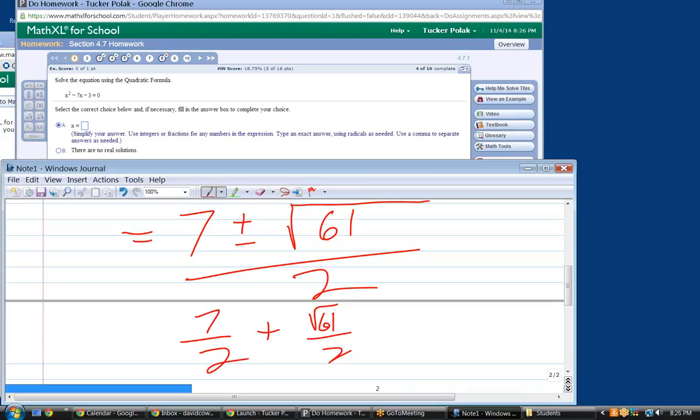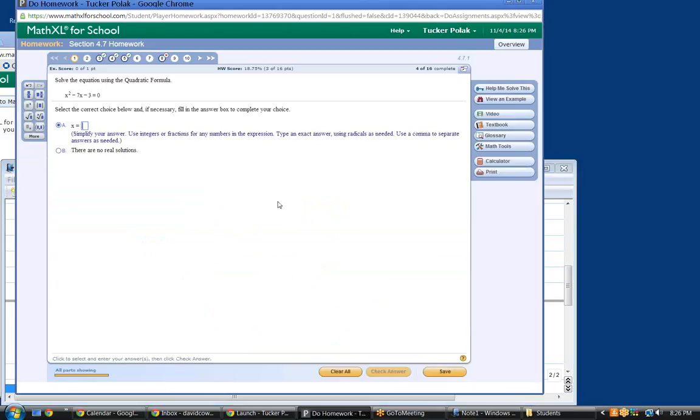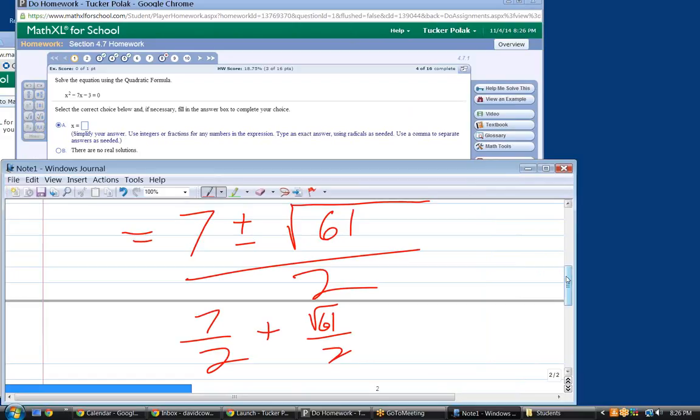Let's see if it likes that answer. Use integers or fractions for any numbers in the expression. Use a comma to separate answers. So I don't need parentheses, right? Right. So the first answer is 7 halves plus root 61 divided by 2.